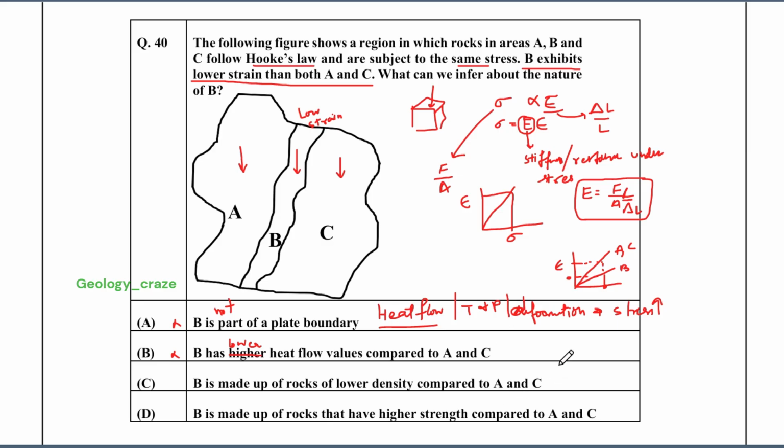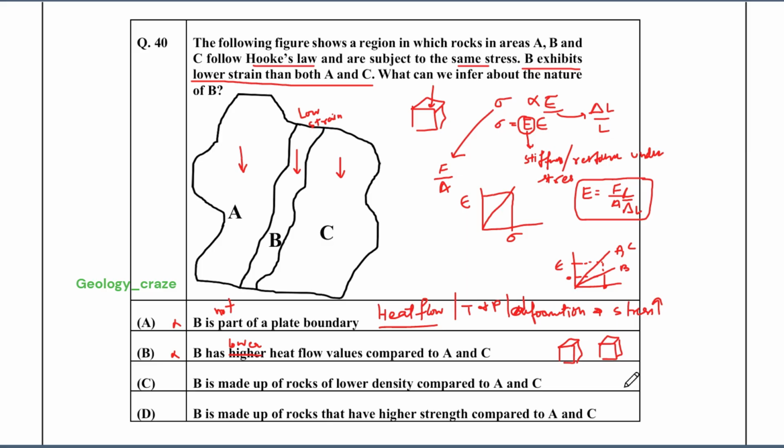suppose we have two materials, one is having high density and one is having low density. The material which is having high density, it means its particles are tightly bound, very tightly arranged.